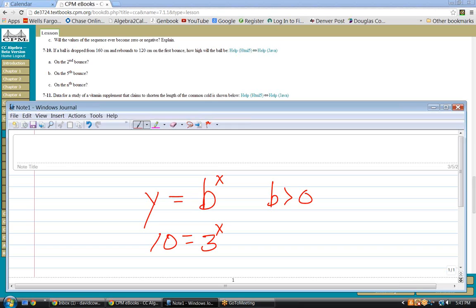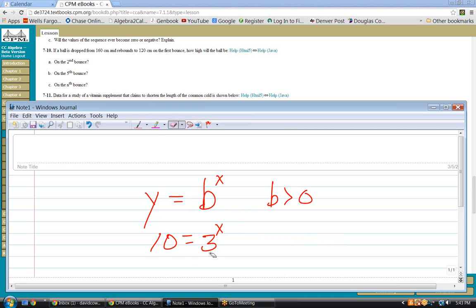So if I was guessing here, I would say x is probably about 2.1. If you took 3 and raised it to the 2.1 power, you'd get somewhere around 10. That's my guess. But this is a key thing to understand about exponential expressions: they're not algebraic.